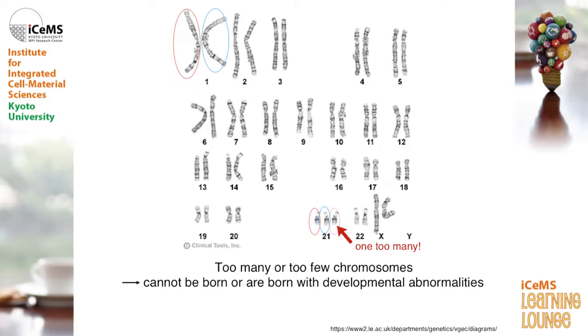If you had even 1 too many or 1 too few chromosomes, then most likely you wouldn't be able to survive, and this leads to problems like miscarriage and infertility. Or even if you survive to term and are born, you are more likely to be born with developmental abnormalities. So the question is, where do these problems of infertility and miscarriage come from?